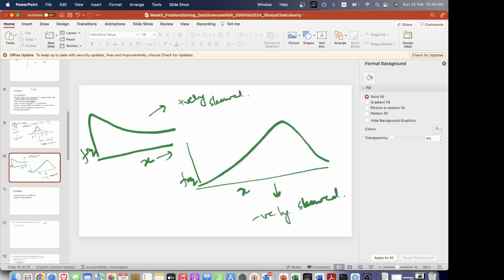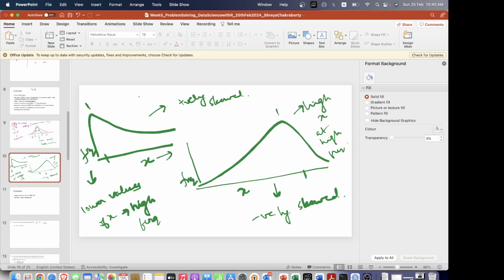Positively skewed means at lower values of x we would have higher frequency, and negatively skewed means at higher values of x we would have higher frequency. So this one means lower values of x at high frequency, and negatively skewed means high values of x at high frequency.